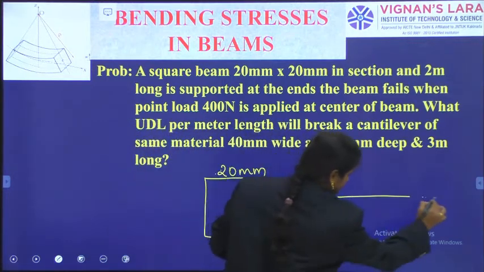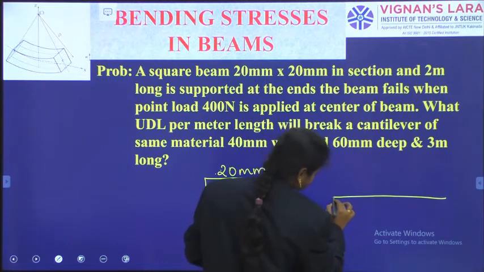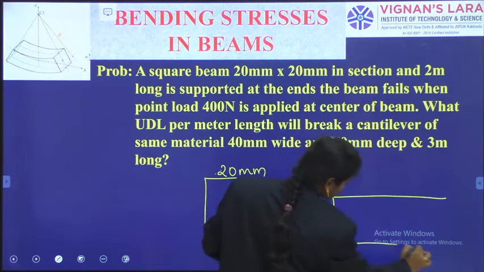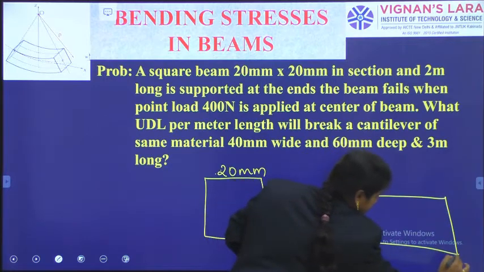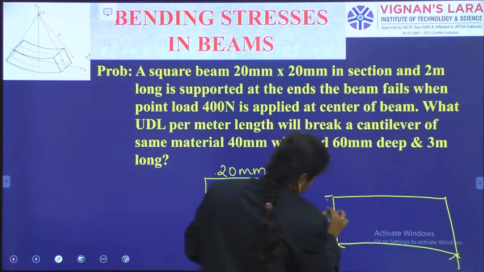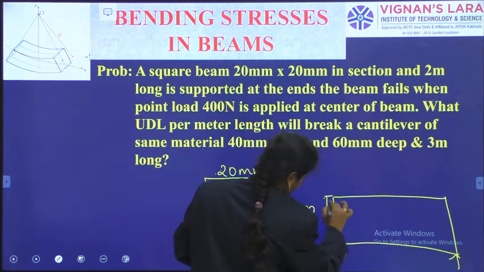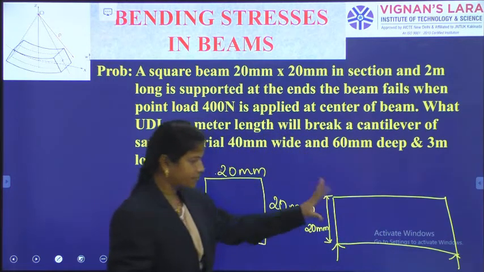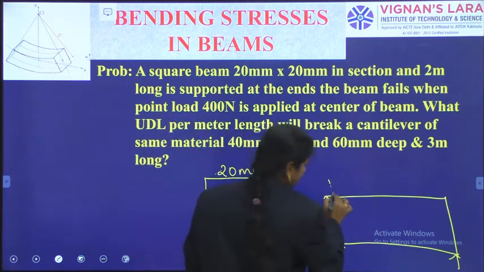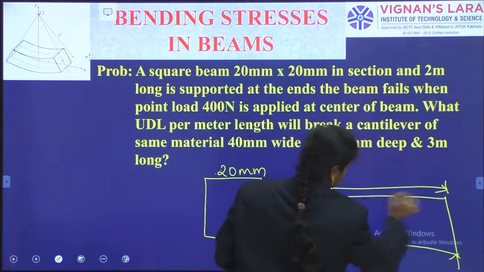When we see the side view, you can observe a beam which is simply supported and with a depth of 20 mm, as we have already seen. Depth is also observed from the side view.